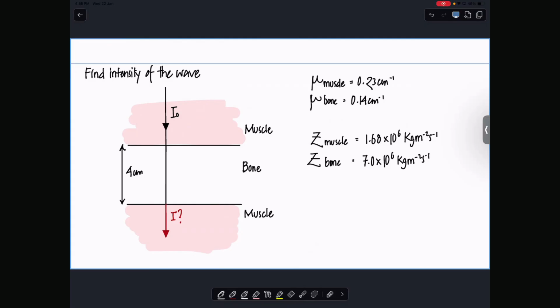That tells you how much is reflected. So using that information, you can find out how much actually makes through.